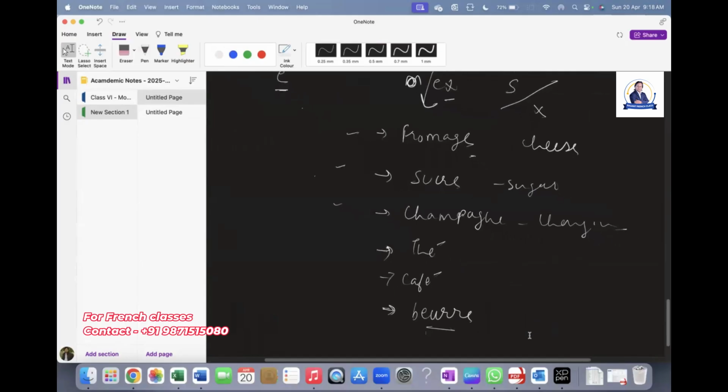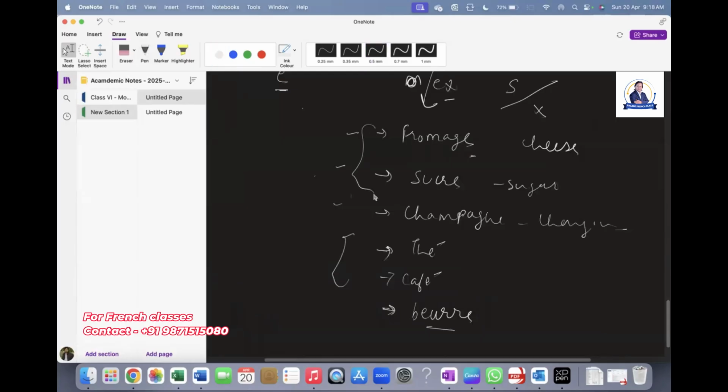So these 6 items are ending with E, but still they are considered masculine. So these are the only exceptions in food items from which mostly the questions come, especially with tea, coffee and fromage.